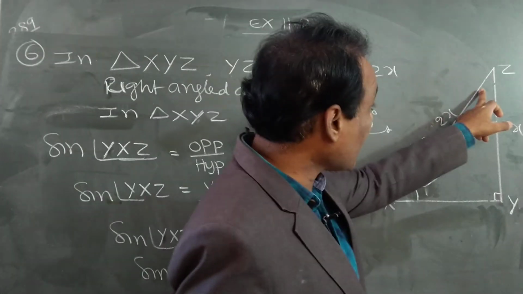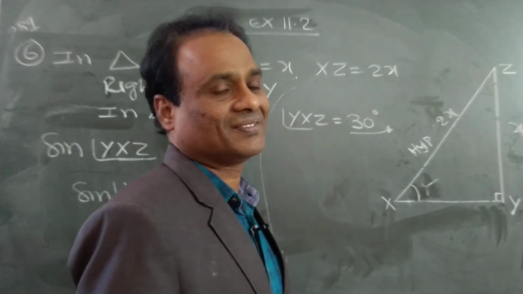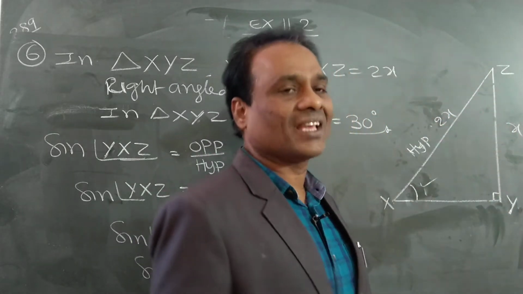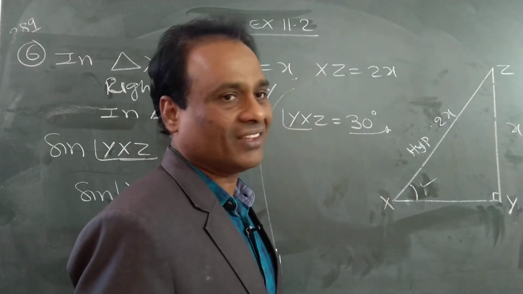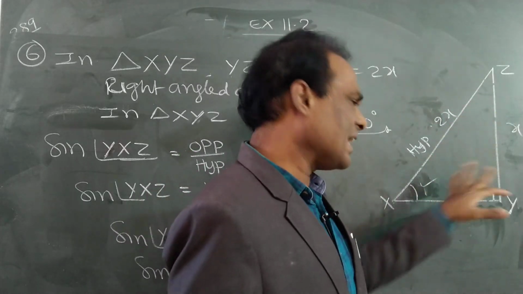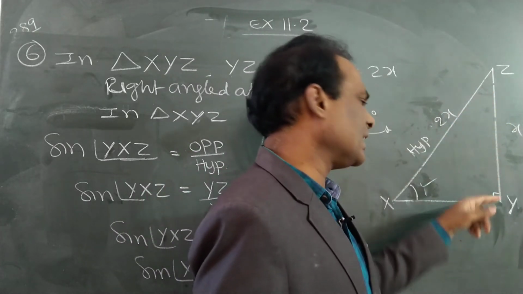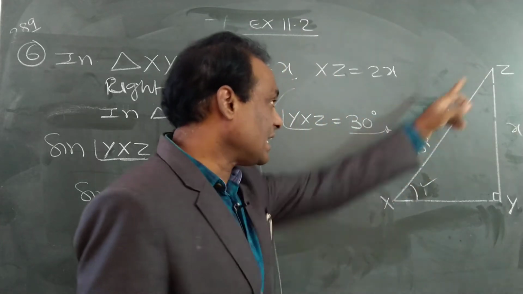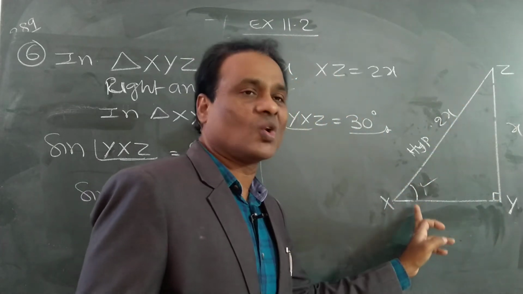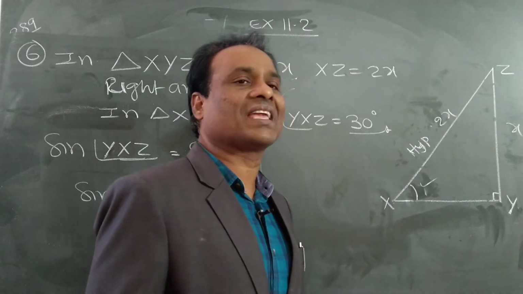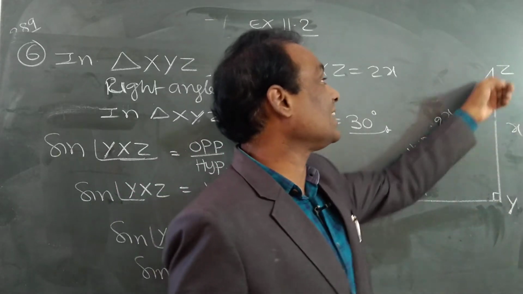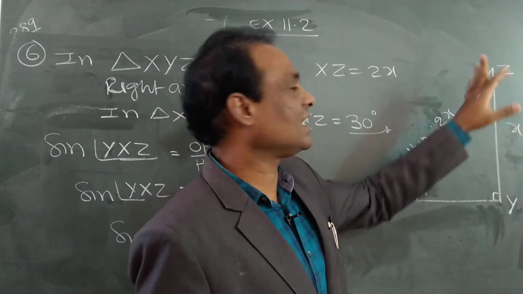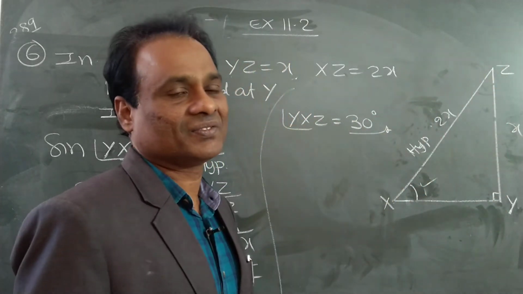Second question: this angle also we require. This angle also we have to find. To find that angle we have two methods. One is to take any other ratio using this angle; you can take sine, cos, any other ratio. Or else, in a triangle, if two angles are known, we can find the third angle, because the sum of three angles in a triangle is 180 degrees.